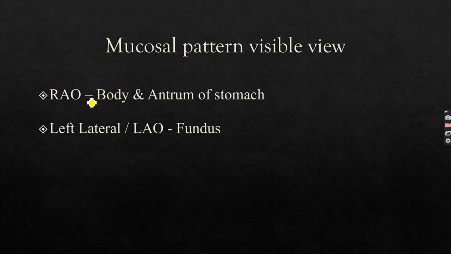Whereas if we want the mucosal pattern in the fundus part of the stomach, the opposite is required: the left lateral or left anterior oblique view. The same reason, right? The fundus is situated slightly towards the left as compared to the antrum.